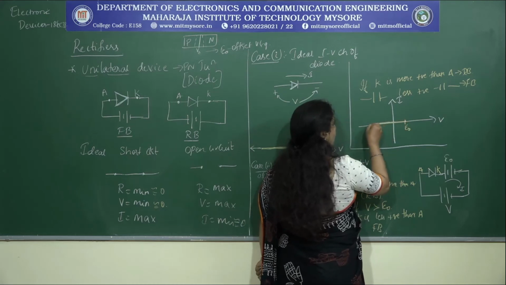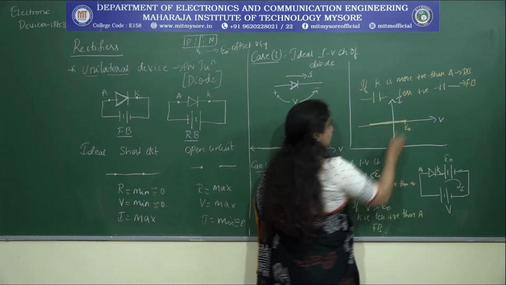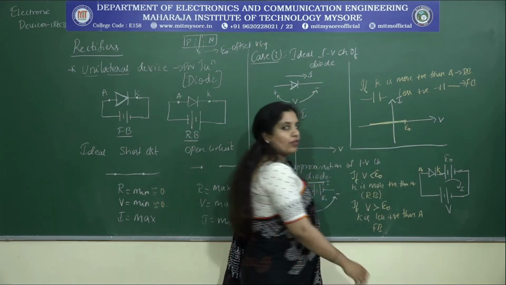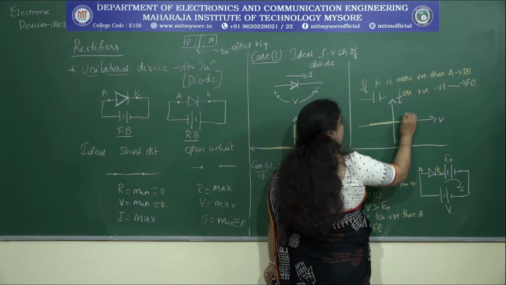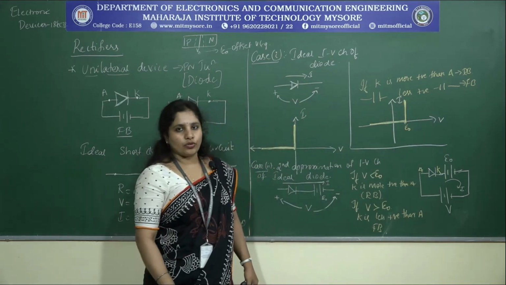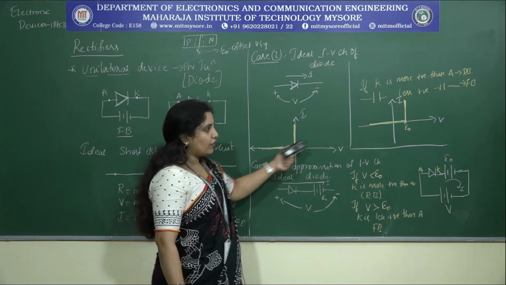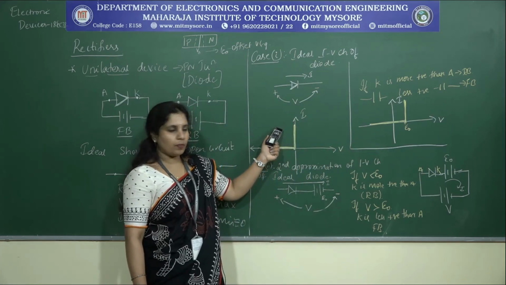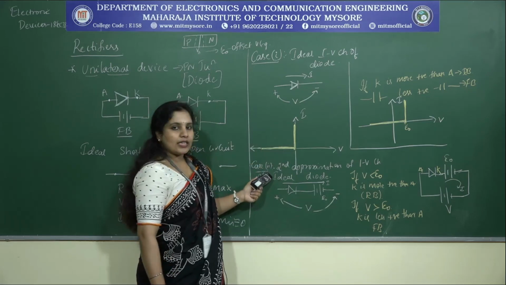Therefore, I'll represent it like this. Once the supply becomes greater than E0, what will happen? The current starts flowing in the device because the device is turned on, and that's how I show the characteristics, which is different from the first case, that is the ideal case of the diode. So this was regarding the second case.